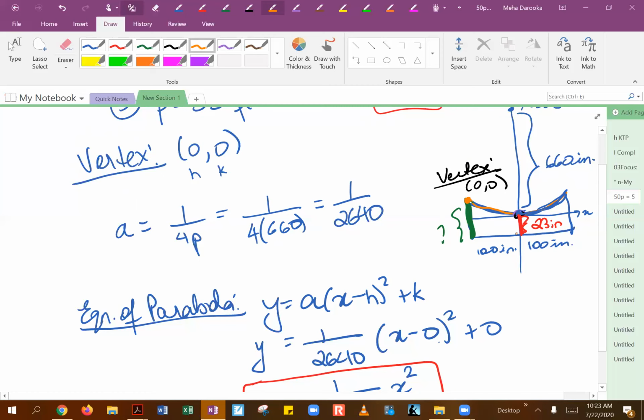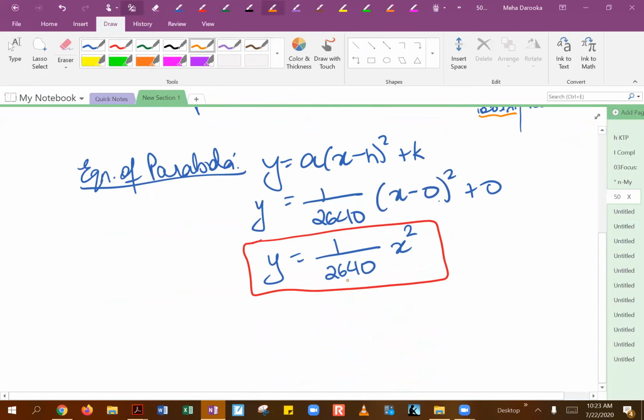So think about this. This distance here is 100 inches. So you can think of this point here having the x value of 100, and we just want to know what that y value is.